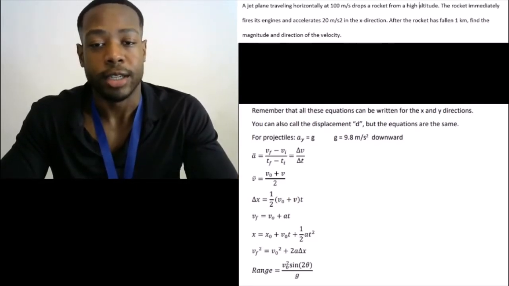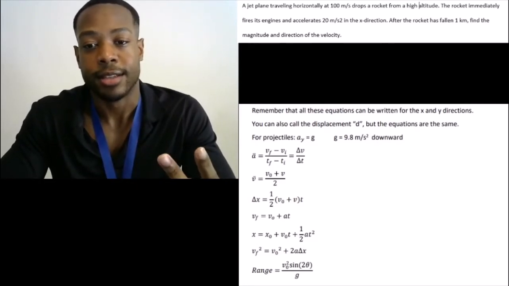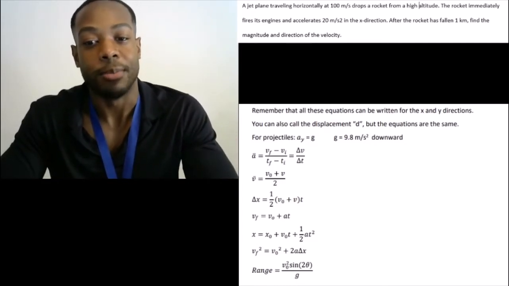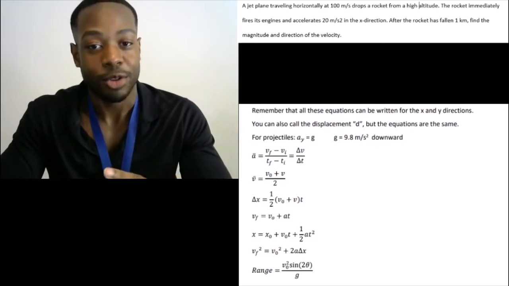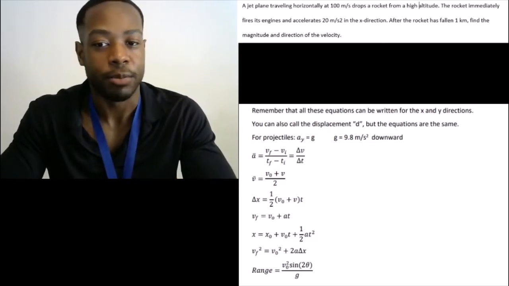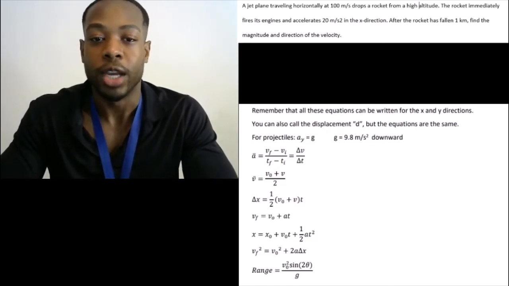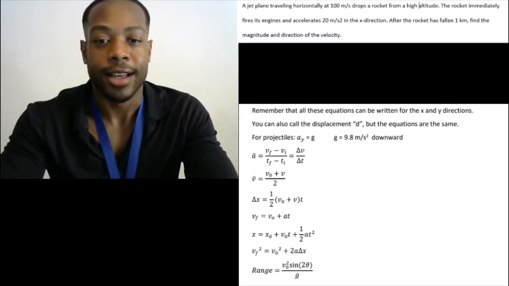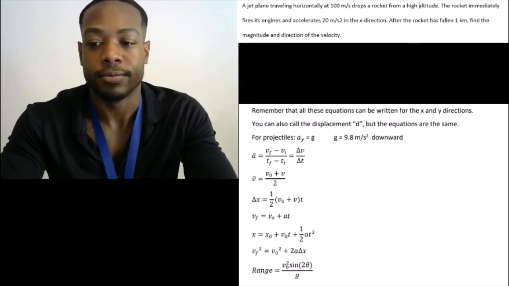That's it: trig, kinematics, triangles, and also make sure you always keep x's and y's separate. The one link between the x's and y's is the time, right? If you remember all that, you should be good when you see something like this on your final. Let's get to the next one.